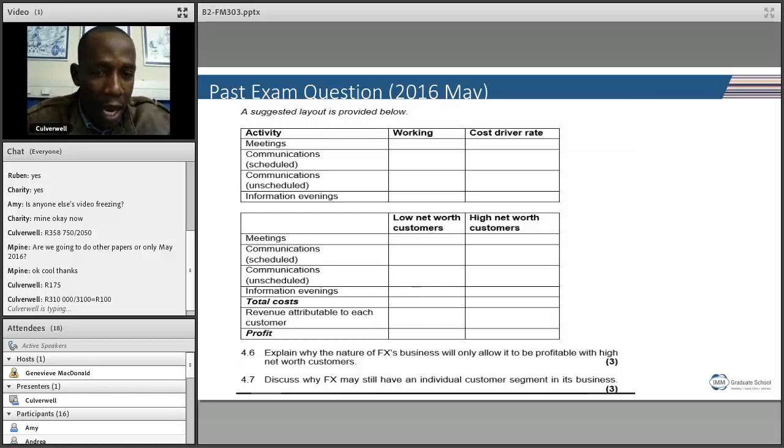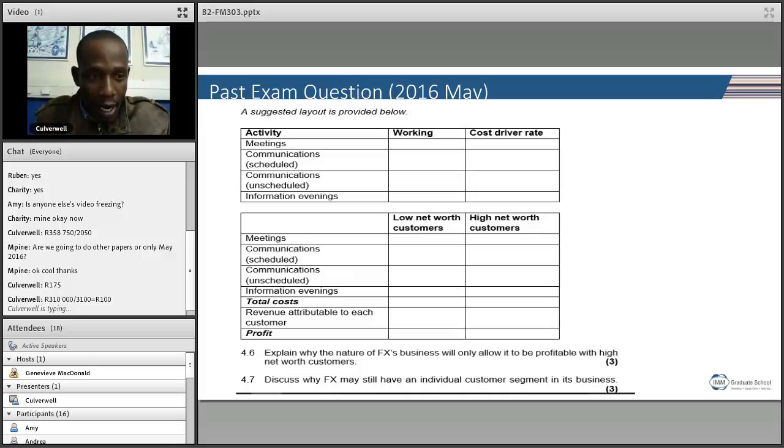You do exactly the same for communications that were unscheduled. It cost the entire company 104,000 handling communications that were unscheduled, and the total number of unscheduled communications were 500 for the low net worth customers, and also 20 for high net worth customers. That will give you 520.